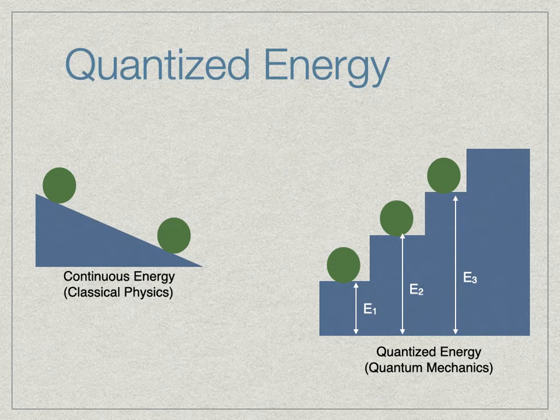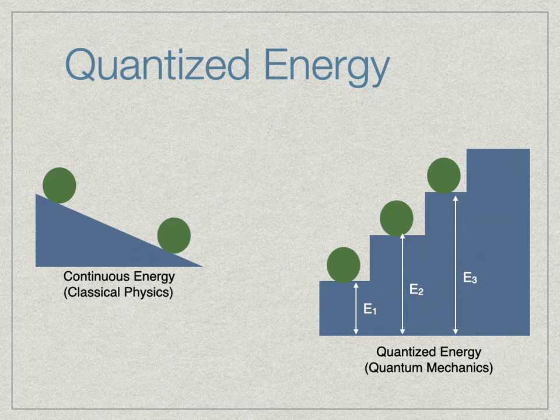Quantized energy is more like a staircase. If we're measuring energy as height off the ground and potential to fall to the ground, the starting positions for this object are at each position on the stair. And it does not have continuous energy from E1 to E3. There is only one possible energy in between E1 and E3, and that's E2.